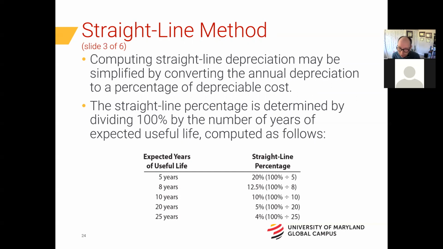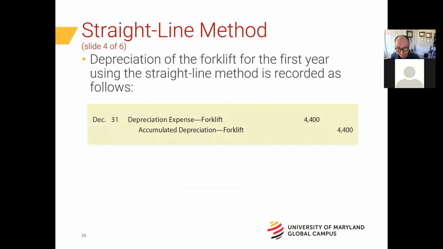So 100 divided by 5 is 20. 100% divided by 5 is 20%. Makes perfect sense. So if my straight line percentage is 20% for that 5 years, I can simply take the cost minus residual value times 20%, and I'll still get 4,400.